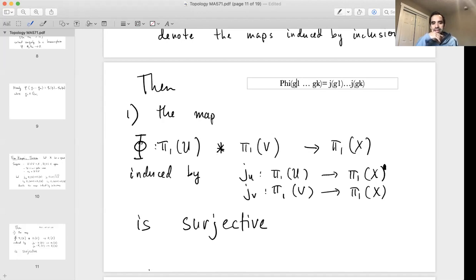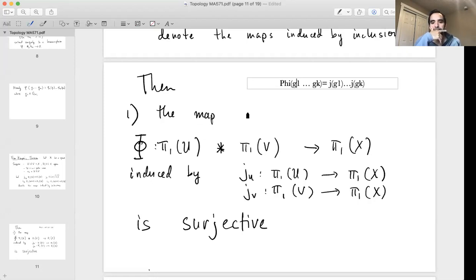You have a loop in X, and you have these two open sets U and V. How can you prove that this loop in X breaks down as a multiplication of loops in U and loops in V? If you think about it for a few minutes, I think you'll be able to come up with your own proof. We'll prove it formally today.